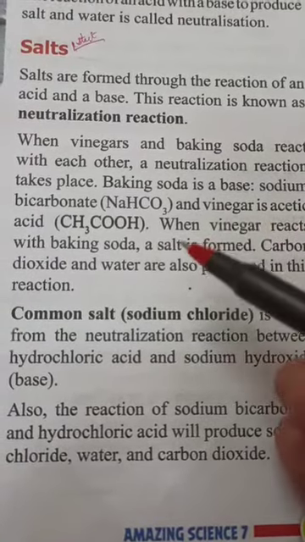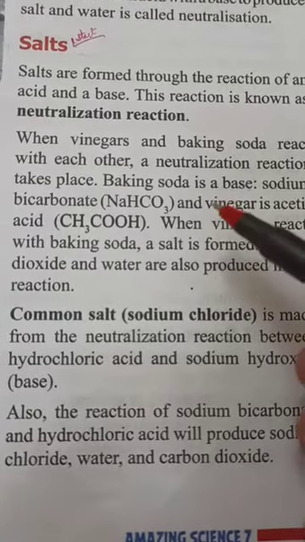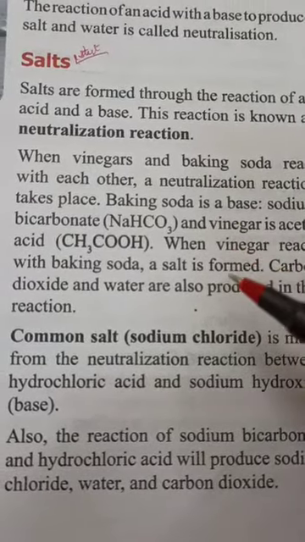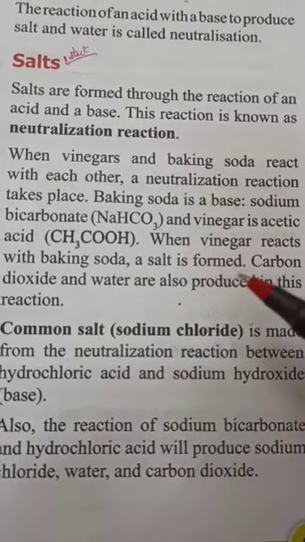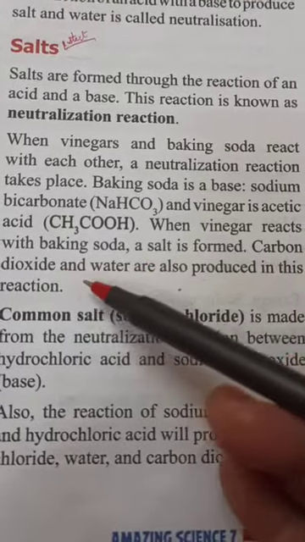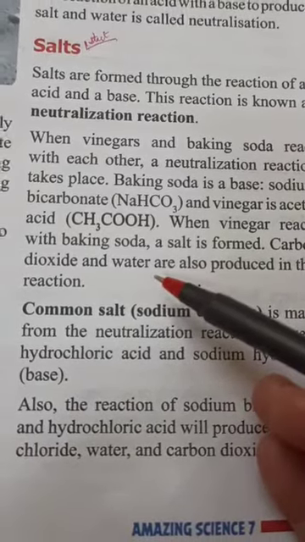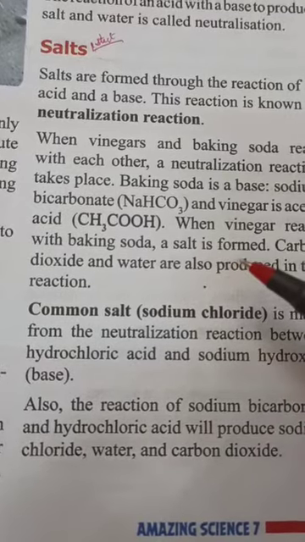Vinegar has acetic acid, so one acid we take and one base, and when we mix both with each other, we can see there is an evolution of carbon dioxide. Carbon dioxide is also formed during this reaction and water is produced, and after this reaction salt is formed.